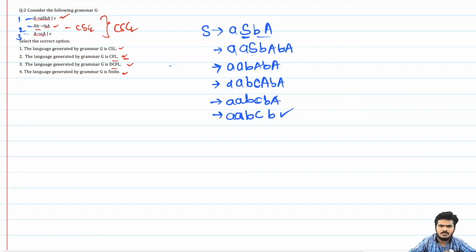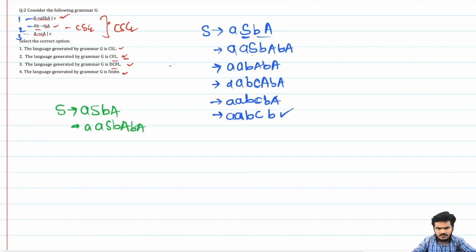Similarly, if I get another string, S produces ASBA. So instead of S we will again use the same production, that is the first one: ASBA, and the remaining BA as it is.